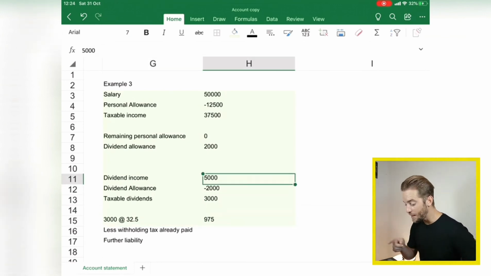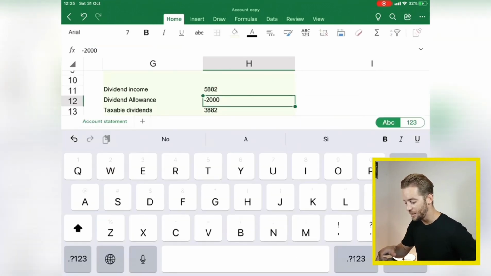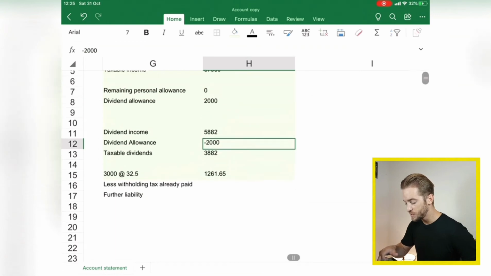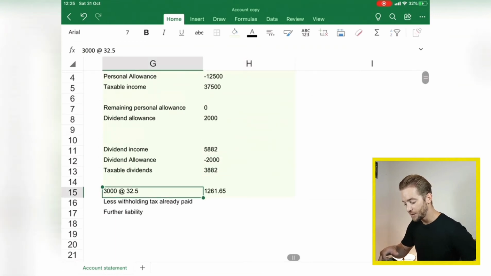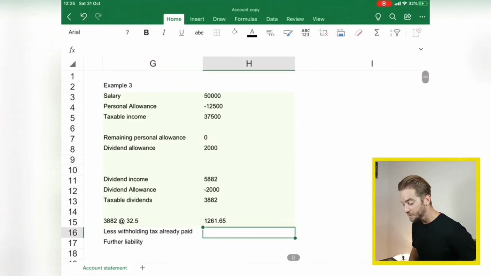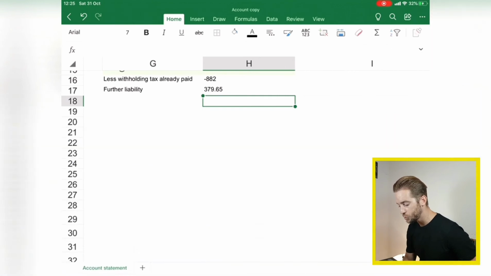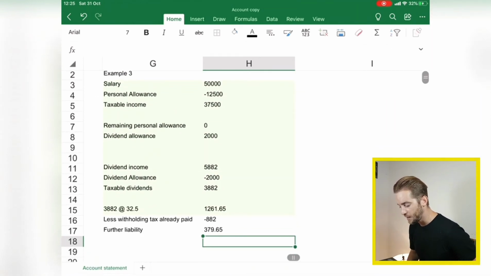If, however, these were US-based dividends again, you would need to gross them up, so it's £5,882 again. You still take off your £2,000 dividend allowance, leaves you with £3,882. Taxed at 32.5% is a tax bill of £1,261.65.